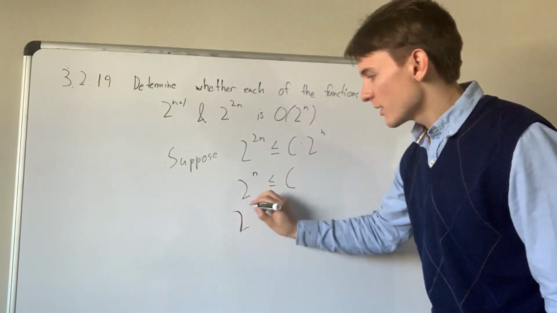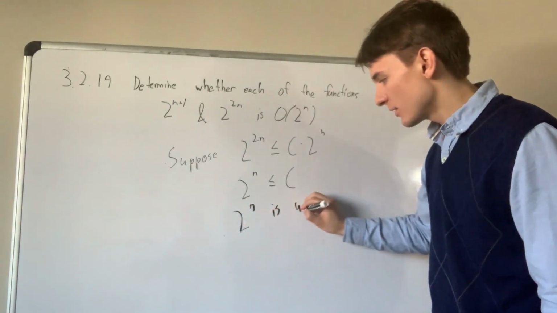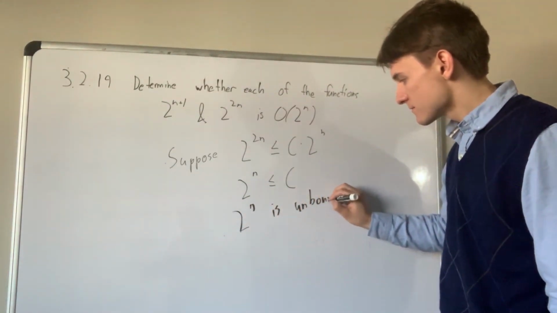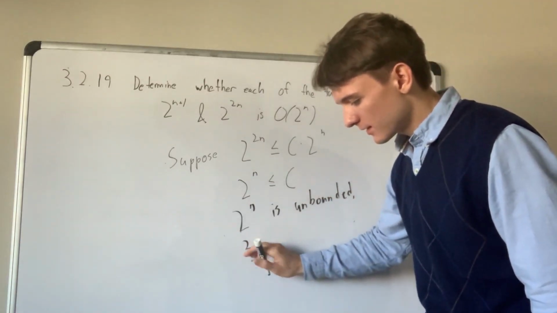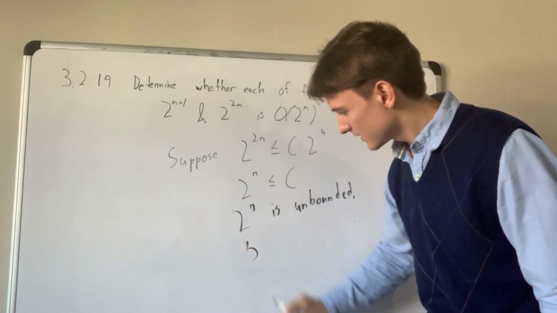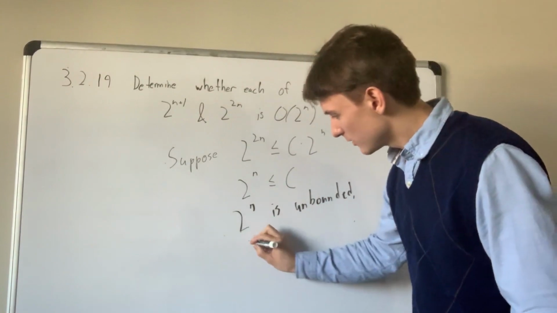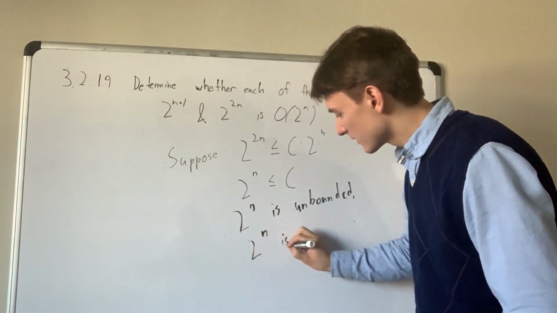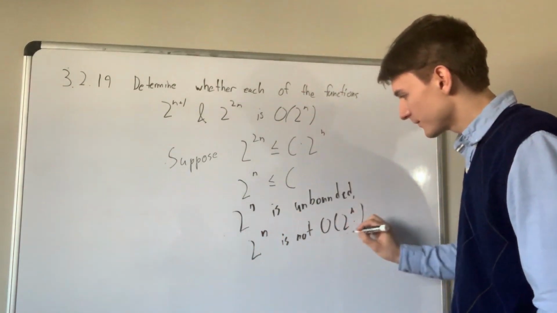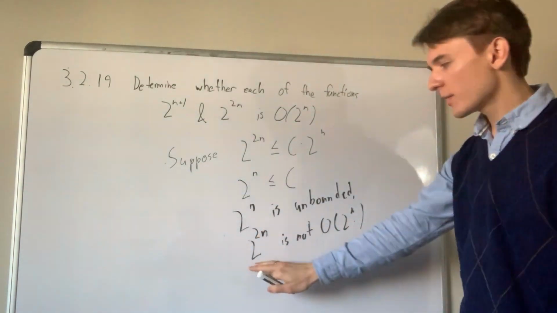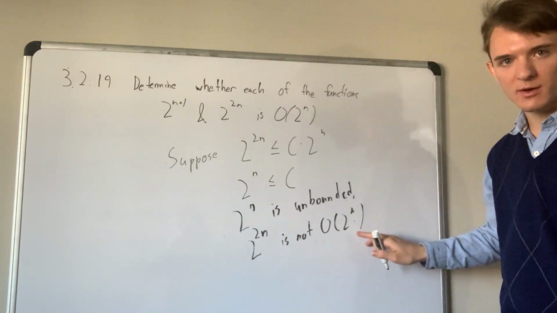So because 2 to the power of n is unbounded, therefore 2 to the power of 2n is not big O of 2 to the power of n.